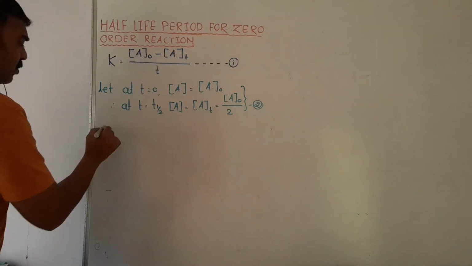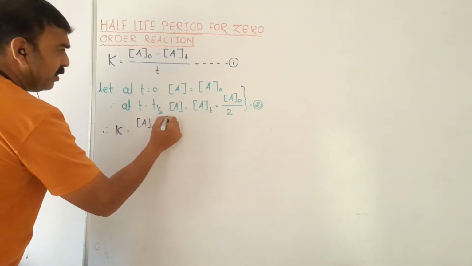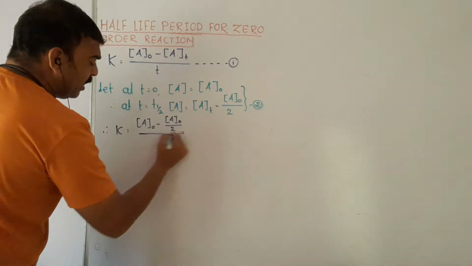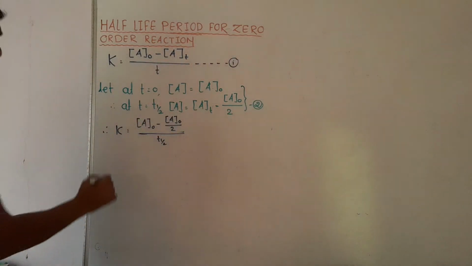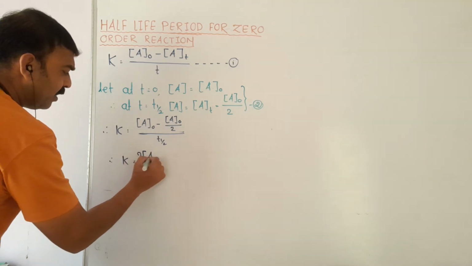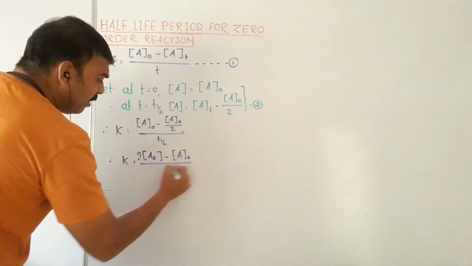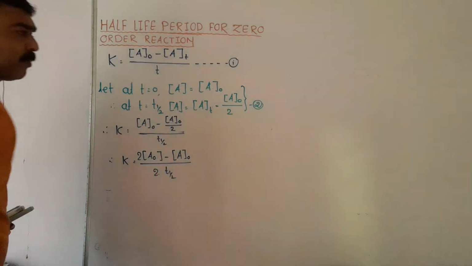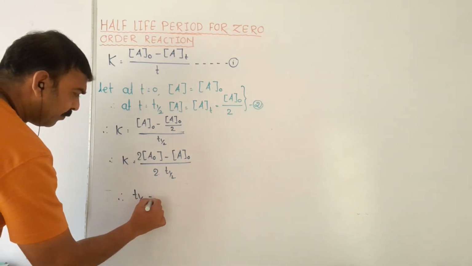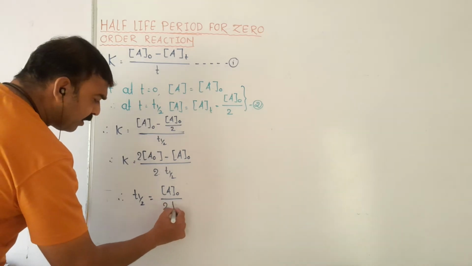So therefore k equals A0, which remains as it is, minus At, where we put the value A0 by 2, divided by t half. Solving this, k equals A0 minus A0 by 2, divided by 2 into t half. Therefore, t half, the half-life period, equals A0, the initial concentration of reactant, divided by twice k.